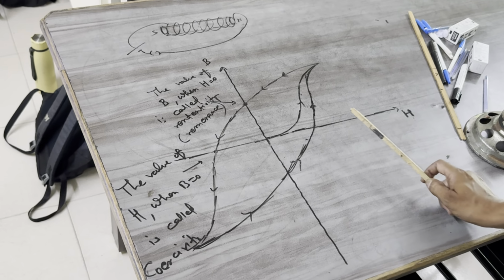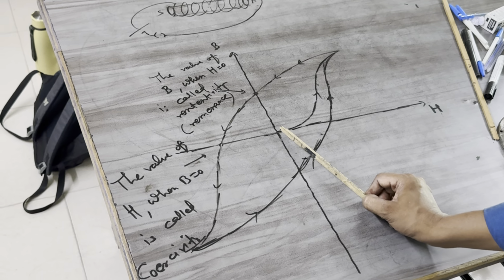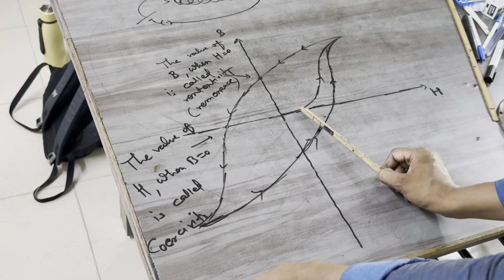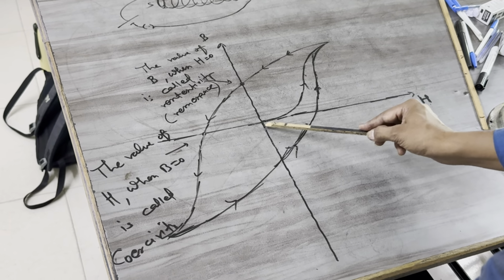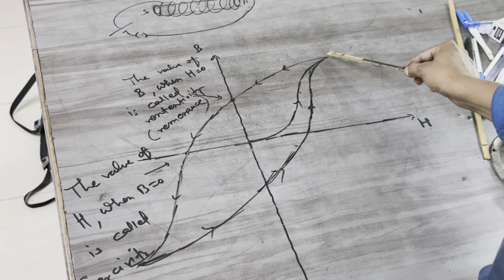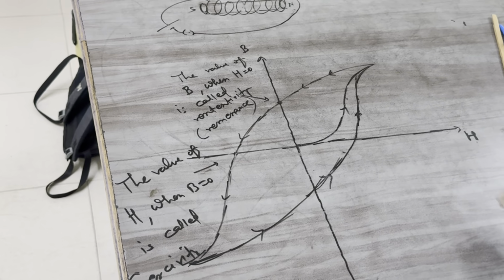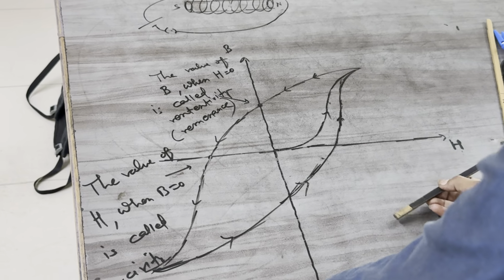If H increases, B increases, but initially it does not respond; it responds slowly, and then if H increases, B also increases this way. But at a certain H, all dipoles are aligned with the external magnetic field.